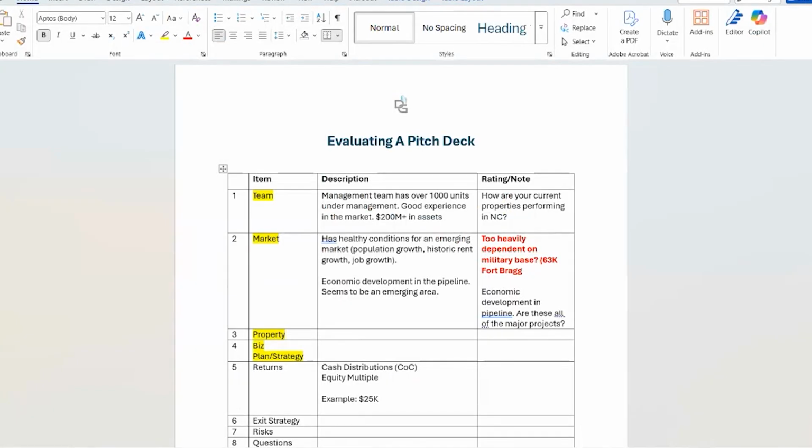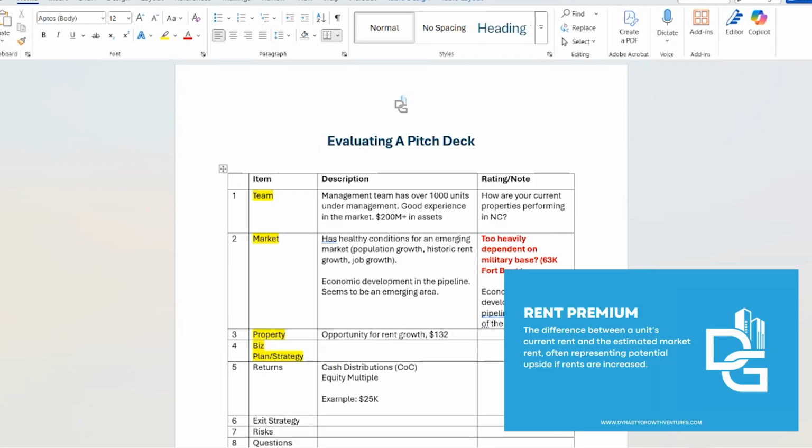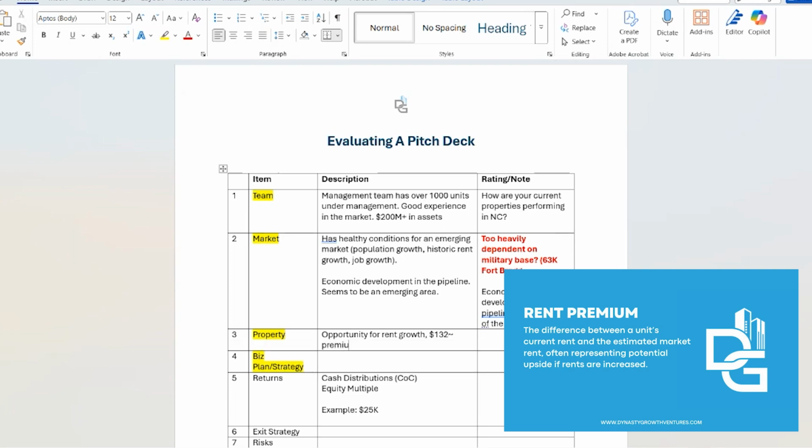What notes do we have so far? Opportunity for rent growth. There's about $132 premium. Premium just means potential from what we're currently charging to what the market says we can charge.